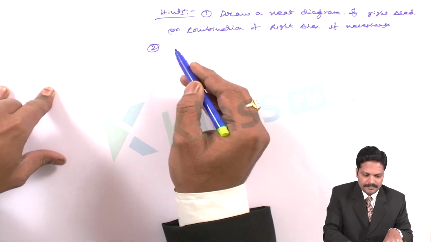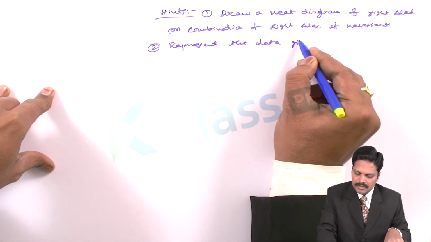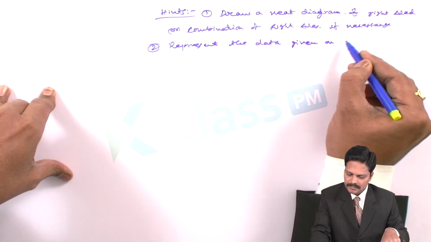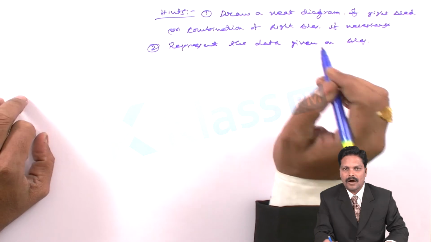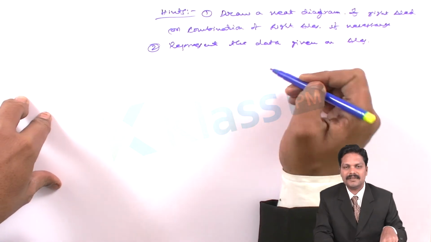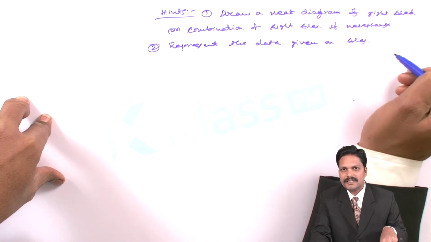The second one, represent the given data on the triangles. Whatever the question gives us, all the data about the objects we should represent on the drawn right angle triangle.